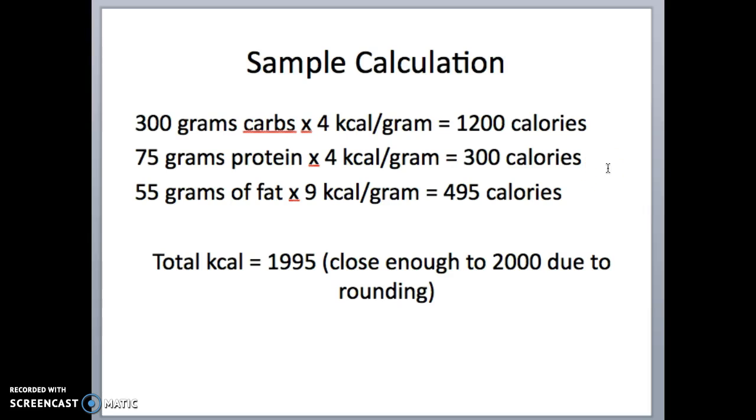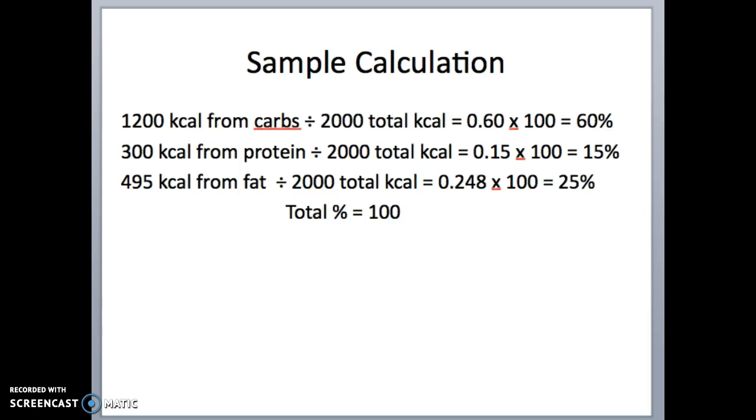So now that I know how many of my calories come from each of the macronutrients, I'm able to calculate percentages. Here I divide each of those total calories from each macronutrient by my overall total calories. So 1,200 calories from carbs divided by 2,000 total calories, and I get 0.6.